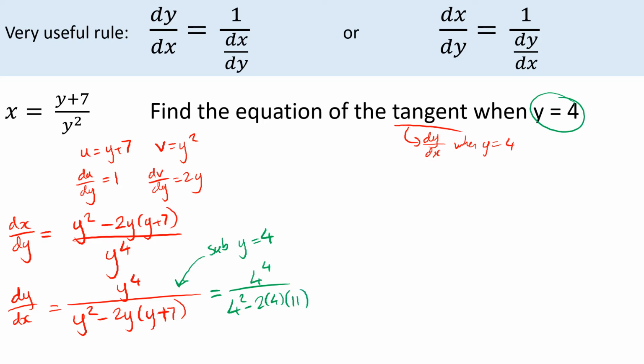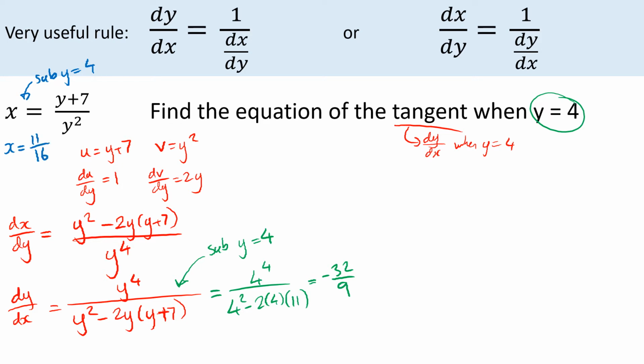It gives us an excellent gradient of minus 32 over 9 is what I got. Okay, so we have our gradient, which is minus 32 over 9. We have a y coordinate, which is 4, so we probably need to find an x coordinate as well, and we're going to find that by subbing in y equals 4 to this. So that would tell us that x is equal to 11 over 16.